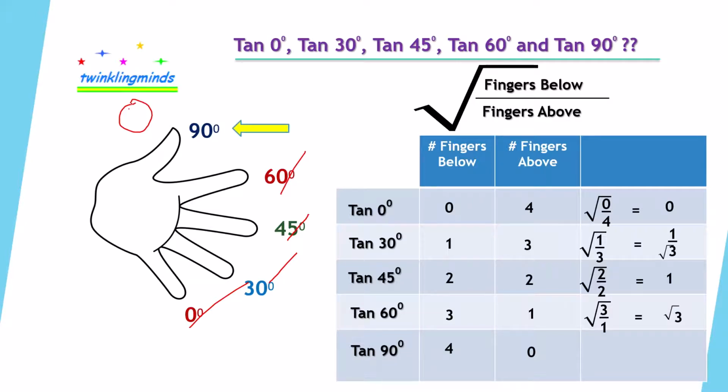If we divide any number by 0, what will be the value? Infinite. So tan 90 degrees has an infinite value. That means we cannot define tan 90 degrees value. It is undefined.